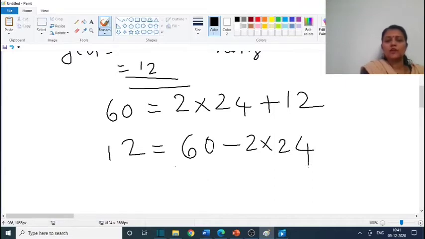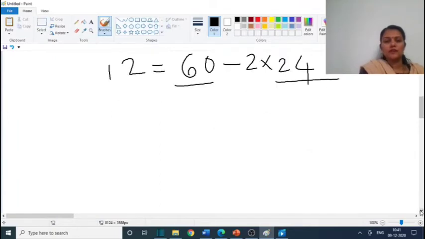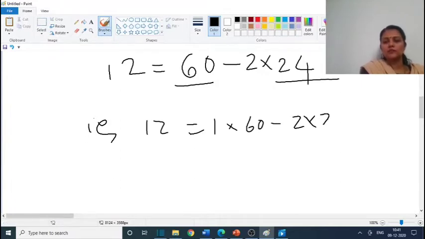So we wrote 12 as a linear combination of 60 and 24. That is 12 is equal to 1 into 60 minus 2 into 24. So here if A is 60 and 24, then alpha is equal to 1 and beta is equal to minus 2.